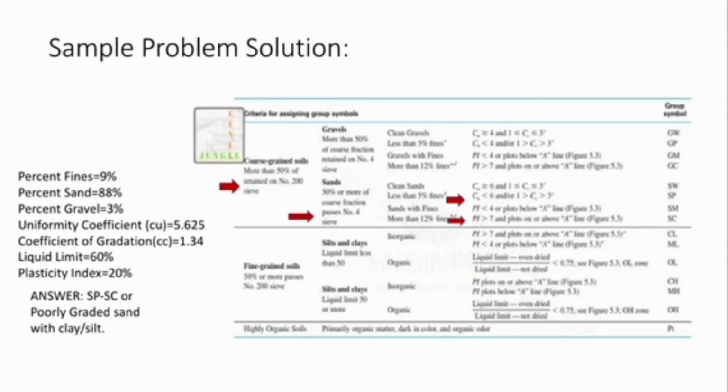While looking for our solution, we will look at what kind of soil is our problem. By looking at the table, the answer is SP-SC, or poorly graded sand with clay.